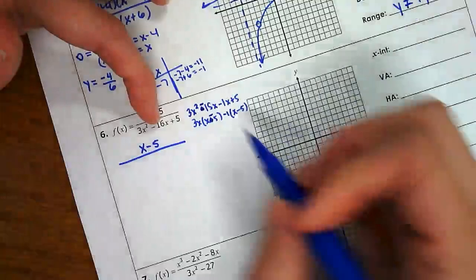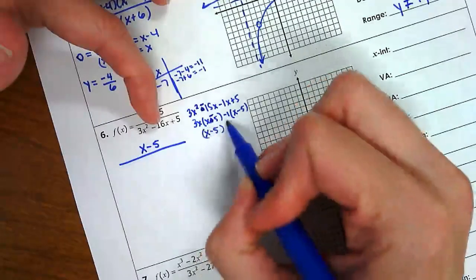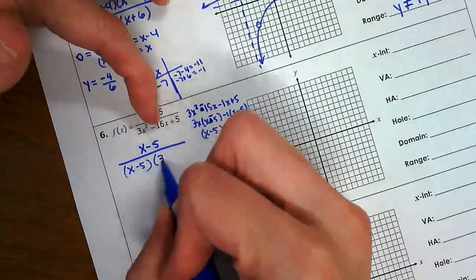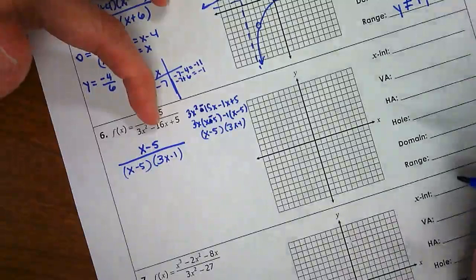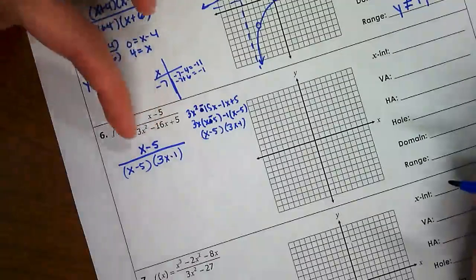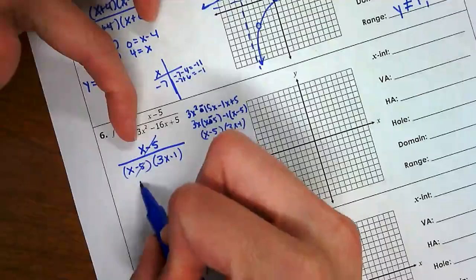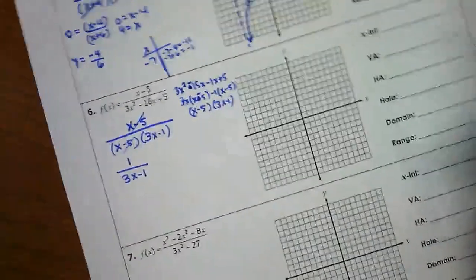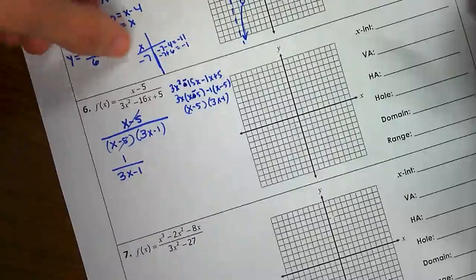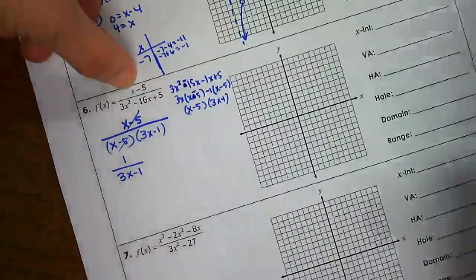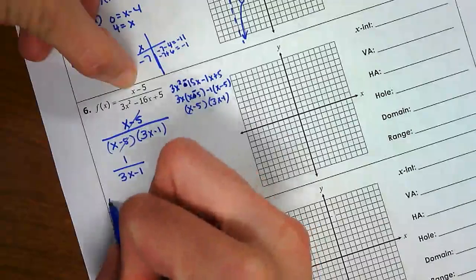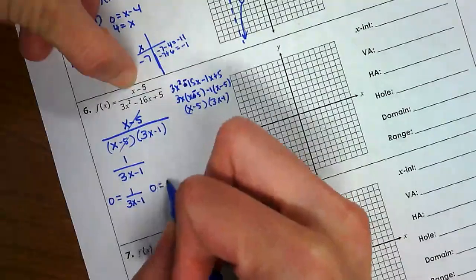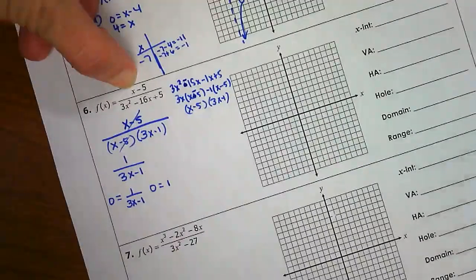So 3x, x plus 5 minus 1. Oops, this is supposed to be negative 15. And then x minus 5. And then I've got x minus 5 and 3x minus 1. Okay, my x minus 5s are going to cancel, so I'm left with 1 over 3x minus 1.